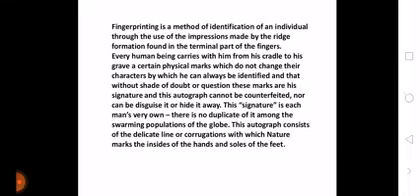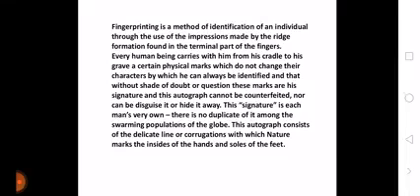Fingerprinting is a method of identification of an individual through the use of the impressions made by the ridge formations found in the terminal part of the fingers. Every human being carries with him from his cradle to his grave certain physical marks which do not change their characters, by which he can always be identified, without a shade of doubt or question.